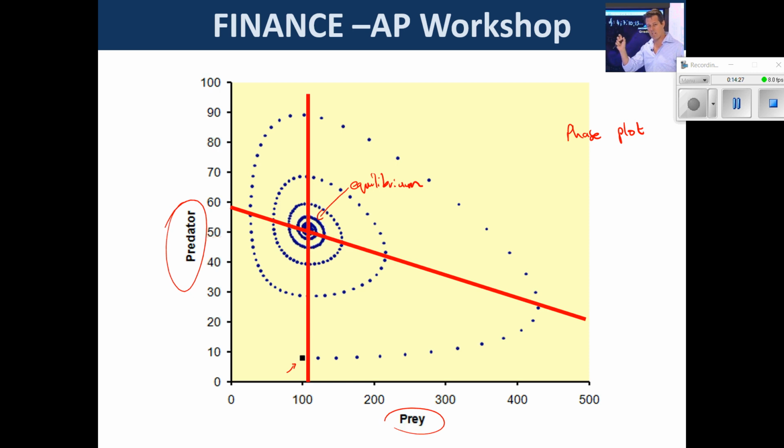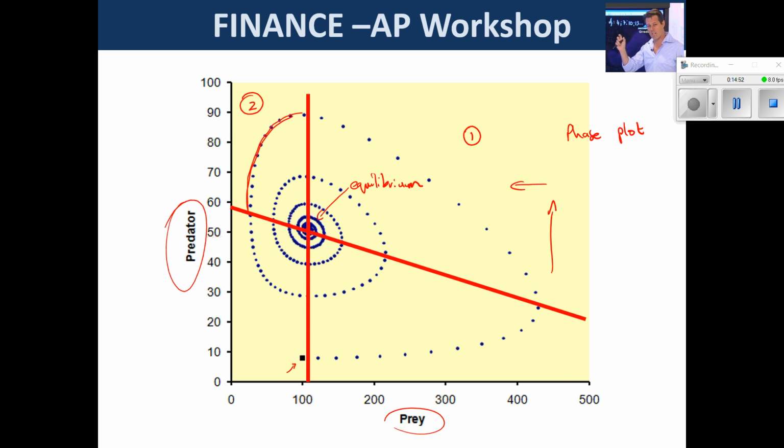And then it's quite useful. So for example, if I'm looking in this particular region over here, which we might call quadrant 2, we could say in quadrant 2 we can see that both populations are decreasing. But if I looked, for example, in quadrant 1, the prey is decreasing, but the predator is increasing. So we can see the predator is going up, and the prey is going down.